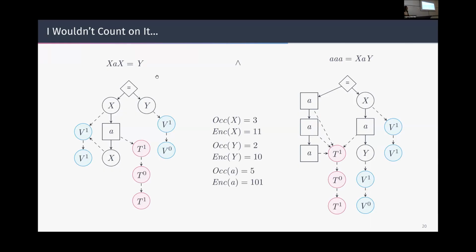And then we chose to add the information of the number of occurrences for each term and variable. Here, for instance, X appears 3 times in total, Y twice, and A 5 times. In order to represent how many times they appear, we chose the binary encoding. So the binary encoding of 3 is 1, 1, of 2 is 1, 0, and of 5 is 1, 0, 1.